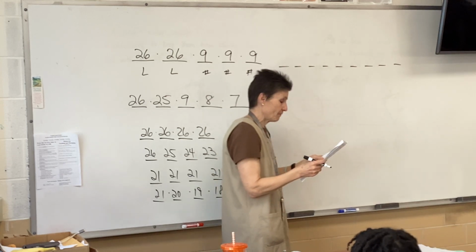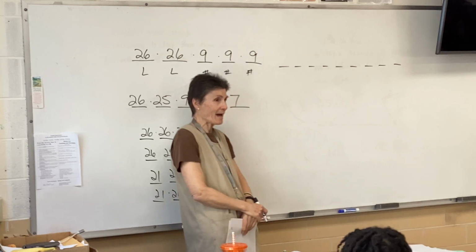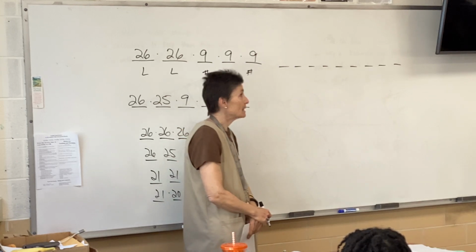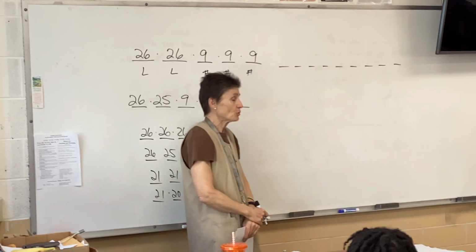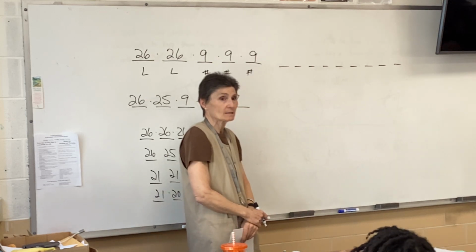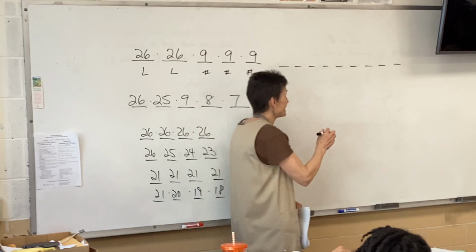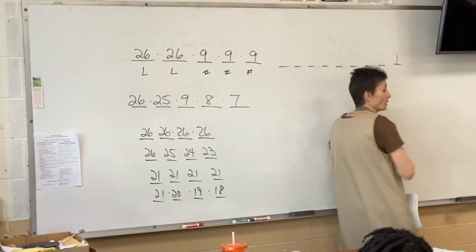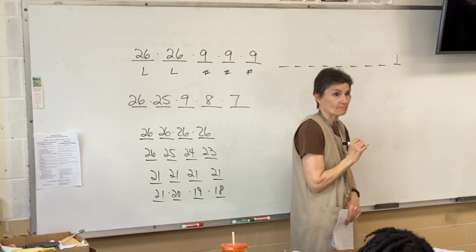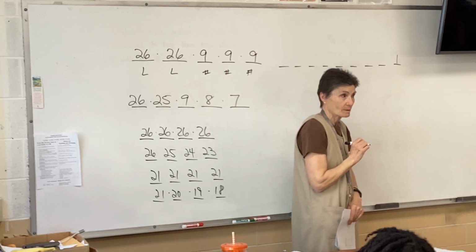What if the pitcher has to go last though? How many ways, I still have a batting order, but the pitcher has to go last. Now that means that this spot right here has 1 choice, that's the pitcher. So how many guys are left to actually line up?